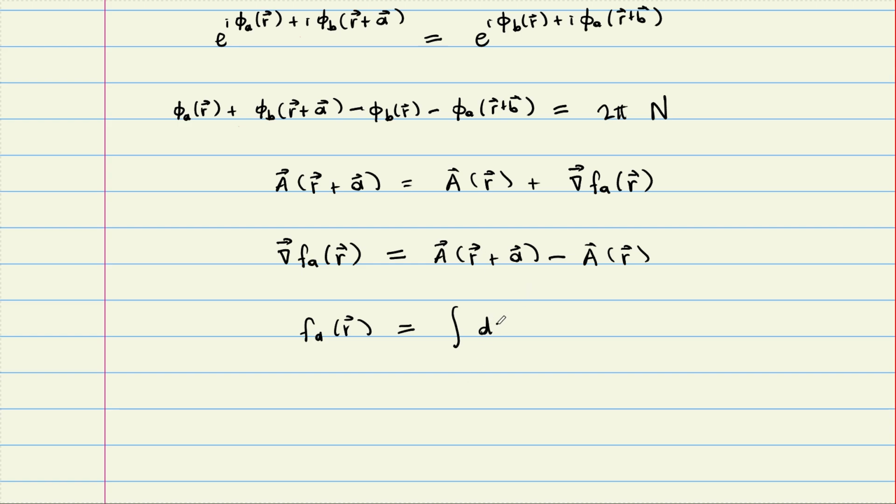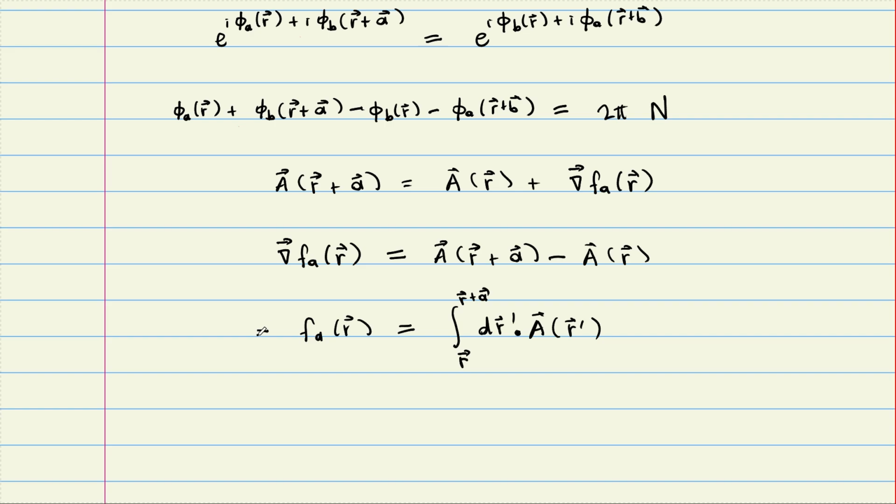So this is the line integral dr prime dotted with A of r prime, and it goes from r to r plus a. Something like that.